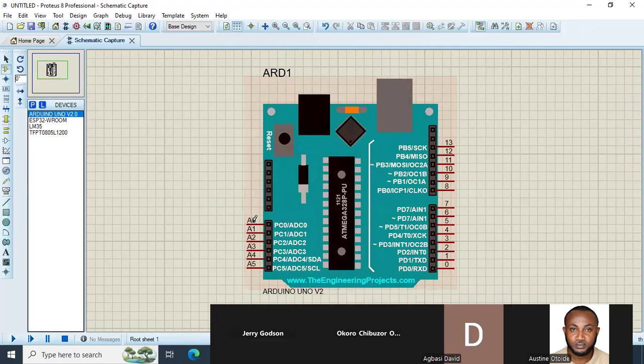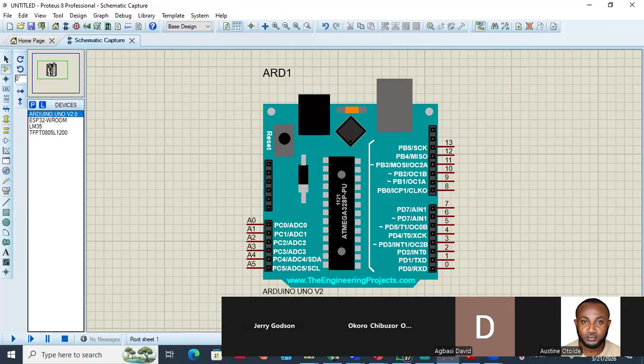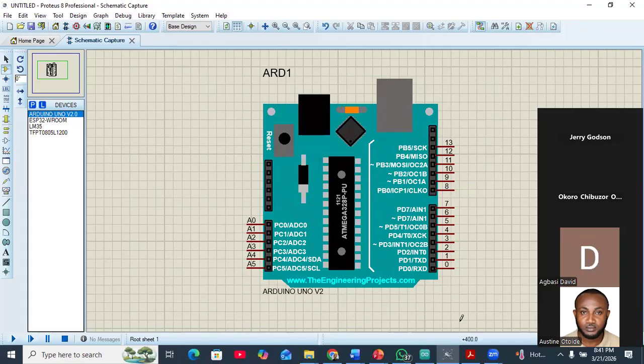You can see Arduino Uno has how many A's here? You get to talk. If I don't hear your voice, that means either you're not hearing me or the network is not good. It has 6 A's. How many A's do we have here?